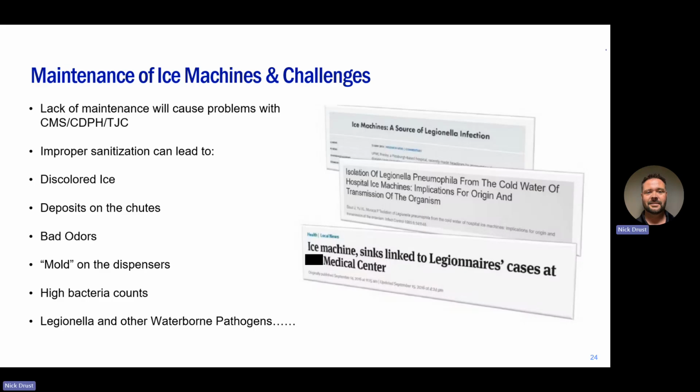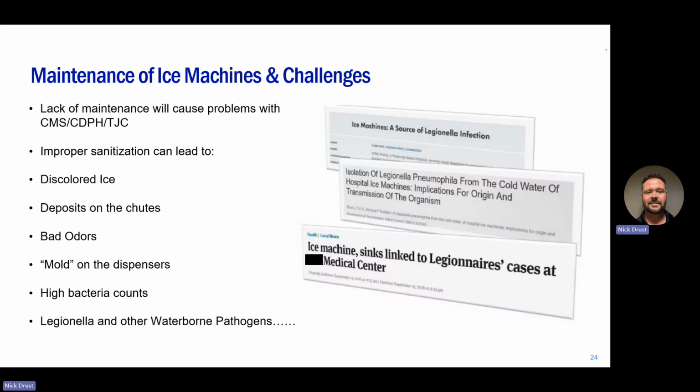When I visit facilities, I like to ask a few simple questions. How often do you descale your ice machines? How often are your evaporator plates cleaned? How often are drain pipes inspected? Are your supply lines sanitized? And perhaps the single most important question, what type of water are you using during the cleaning process?